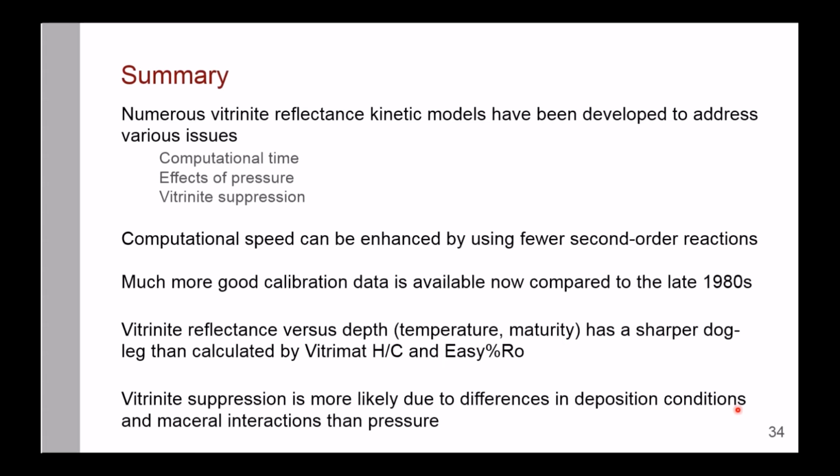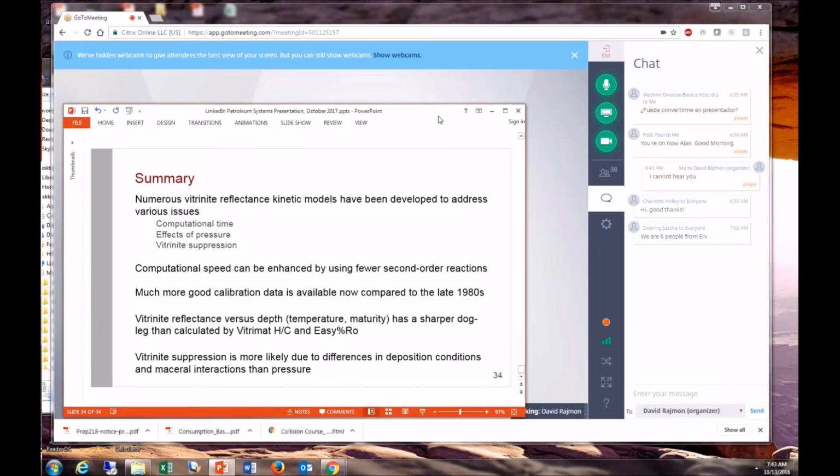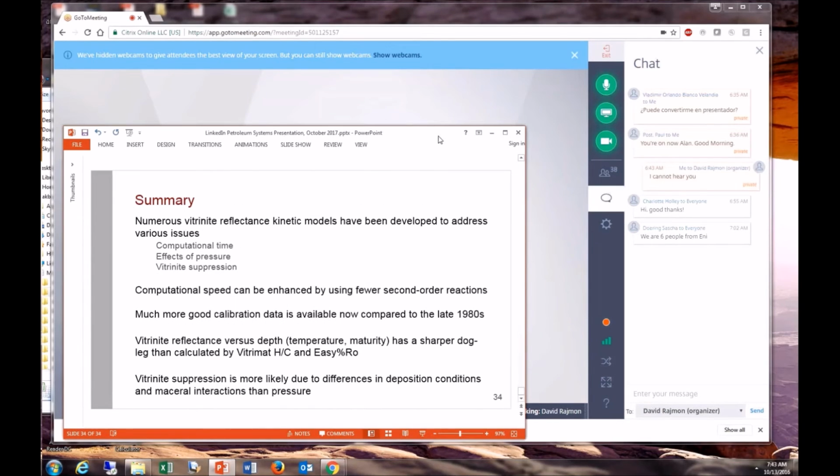So this was a lot of stuff to digest. It was very informative for me to get a better picture of the range of uncertainties that we are dealing with. And so I'm still trying to wrap my mind around what it means when we talk about vitrinite suppression.